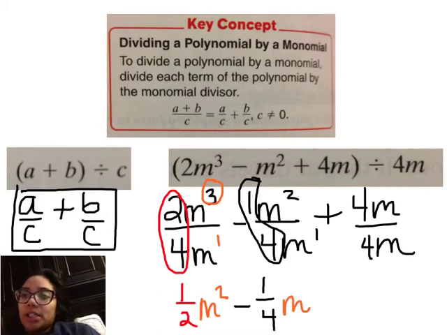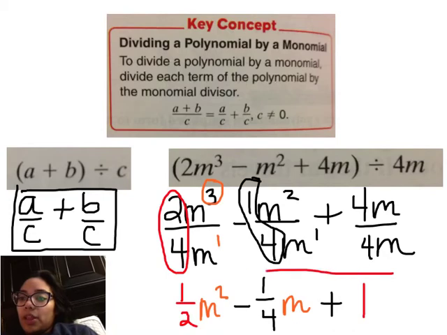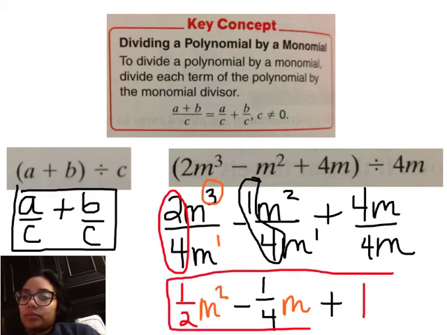And then plus 4m over 4m. The same number and letter over the same number and letter gives you a 1. This would be my answer. So if you know how to divide and you know how to subtract, you should be good with these.